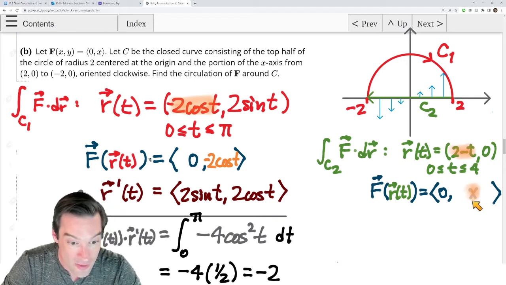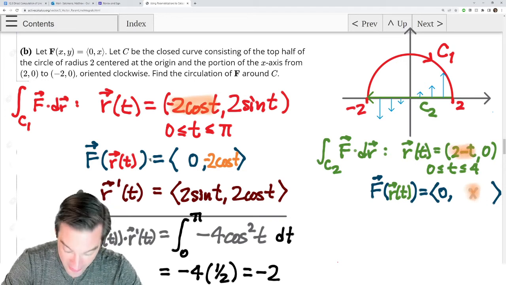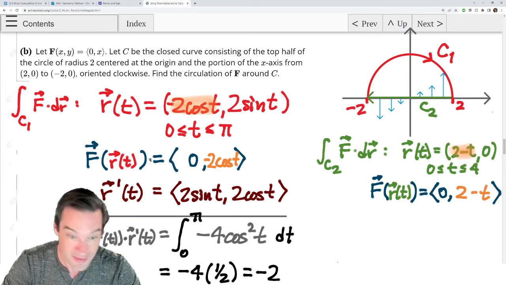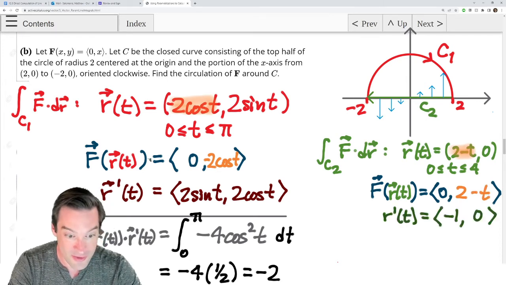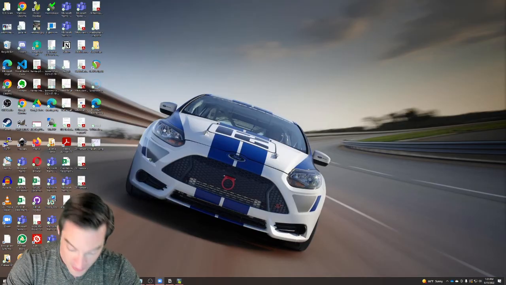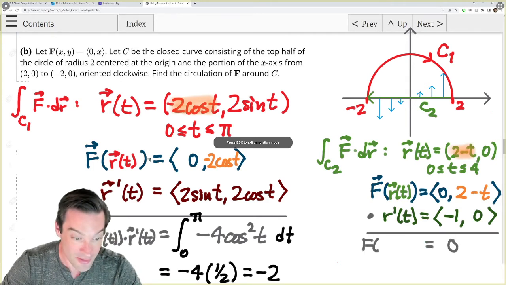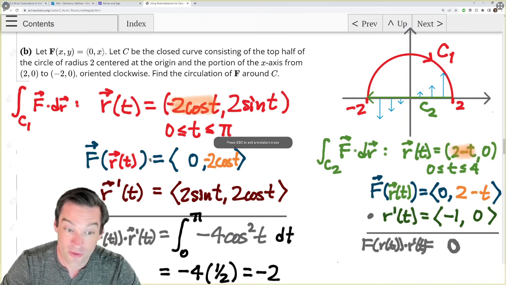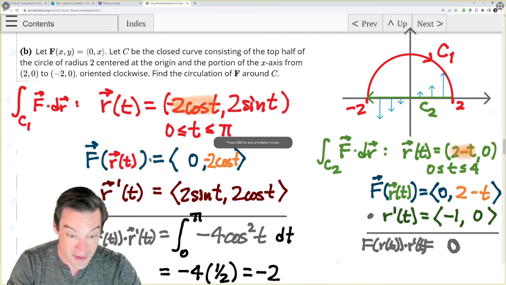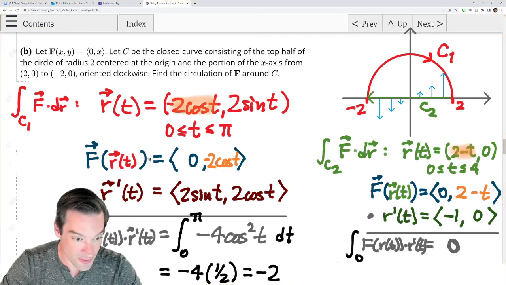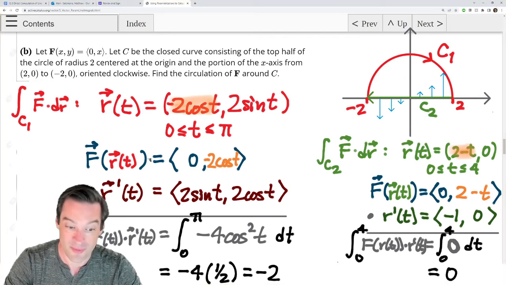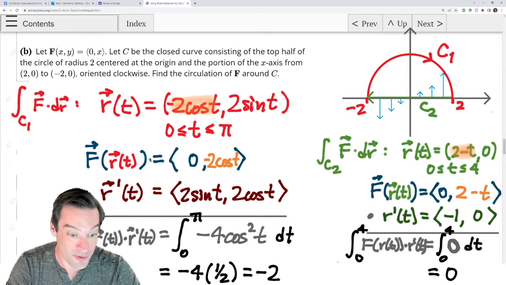And so let's verify, right? The vector field along the path, if I substitute 2 minus t in for x, f of r of t is that. My velocity vector is -1, comma 0. And so right there you can see that when I take that dot product, it just ends up being 0 for all values of t. So if I integrate that from t equals 0 to t equals whatever, it doesn't matter where I integrate it, that integral is going to be 0.